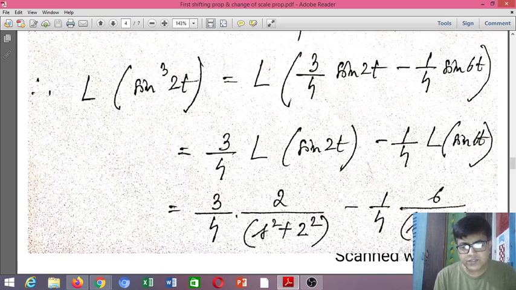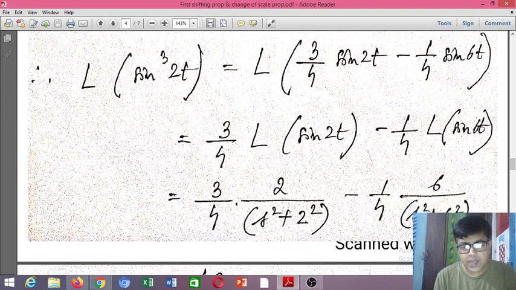And since L of sine 2t is a standard form, because I have done the proof of L of sine at, it is a by s square plus a square. So in this case L of sine 2t will be 2 by s square plus 2 square. Similarly, L of sine 6t will be 6 by s square plus 6 square.